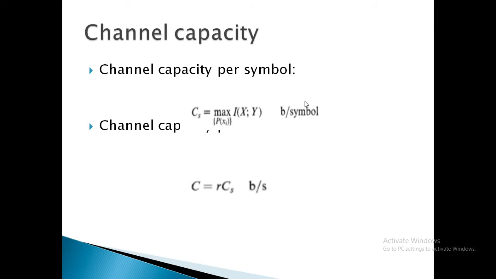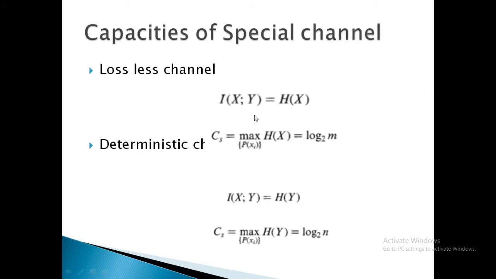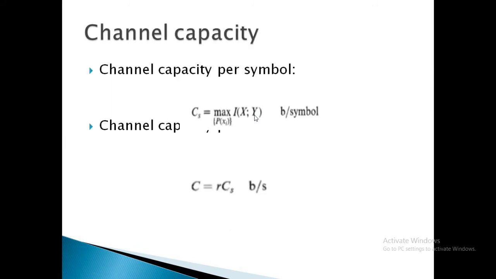The channel capacity per second: the maximum rate of transmission of information per second is R times C of S.